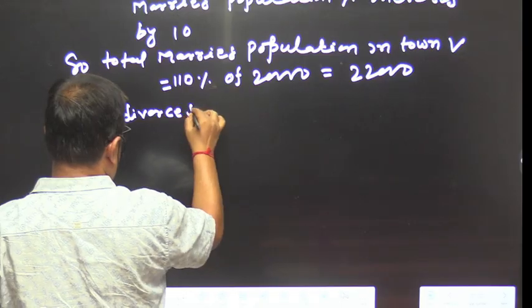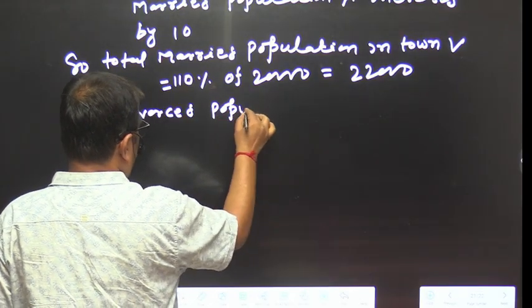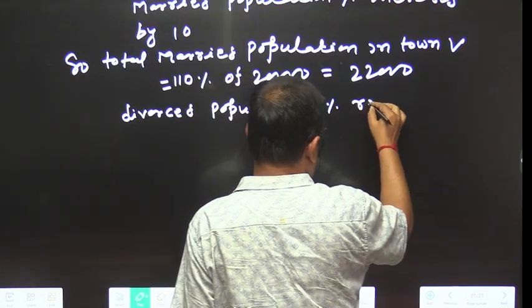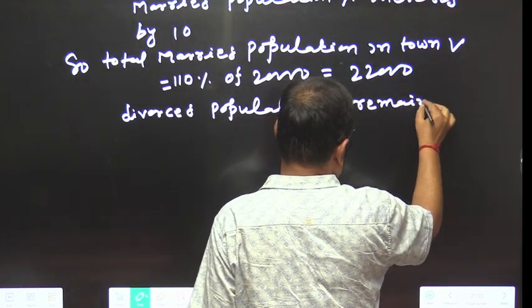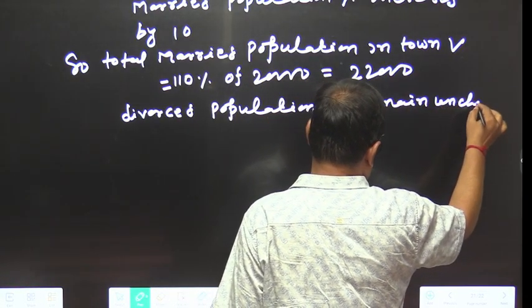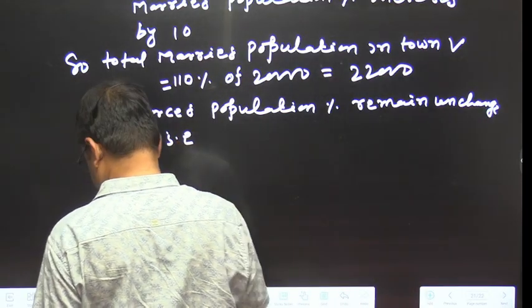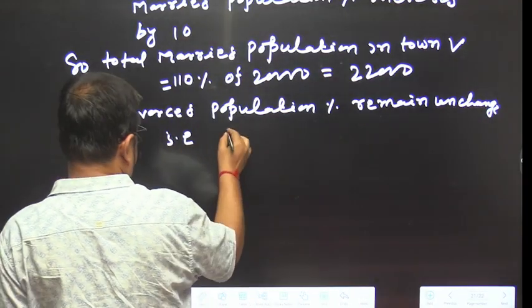divorced population percent remain unchanged, that is 58%.